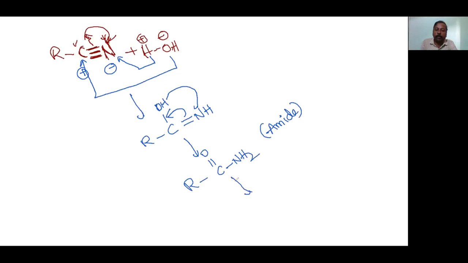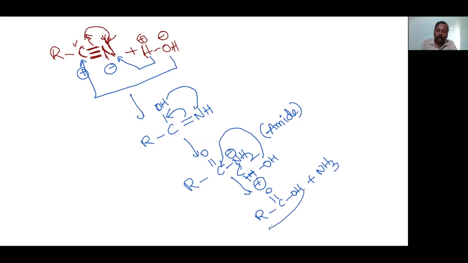Now next, we will again hydrolyze with H and OH. This nitrogen is minus, this hydrogen is plus. So this hydrogen will go here and OH will attach like this here. Then RC double bond OH, and NH3 will come out.